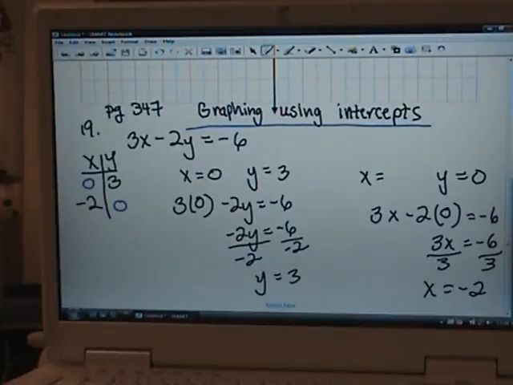How do you tell which one goes on top of the fraction? On top of the little dividing thing? How do I solve the equation? 3x equals -6. What's going on between the 3 and the x? You have to make the x by itself.